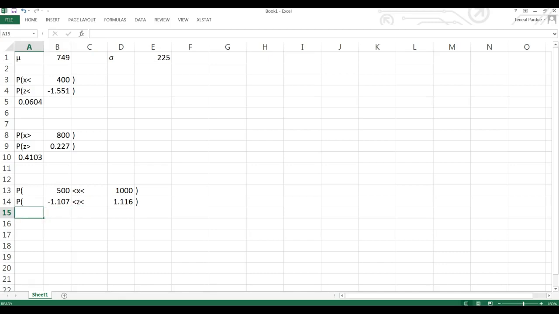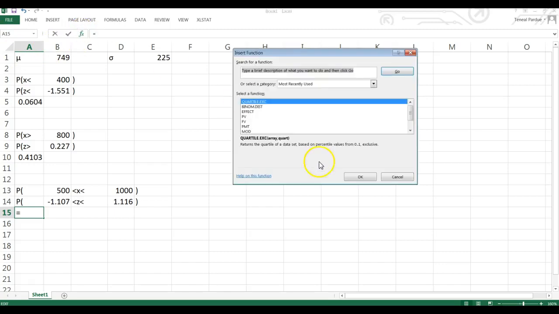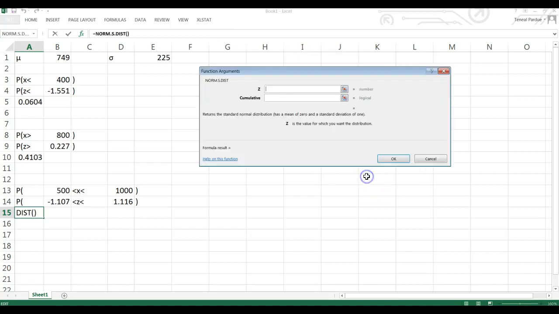So now that we do that, if you remember, to find a between probability, you do the probability of the bigger one, subtract the smaller one.